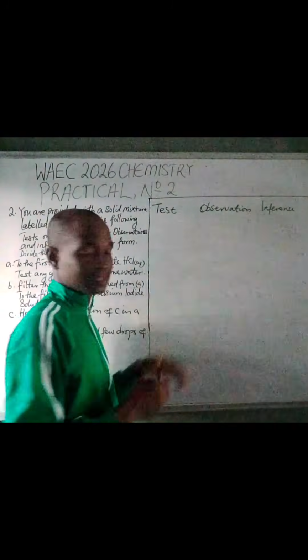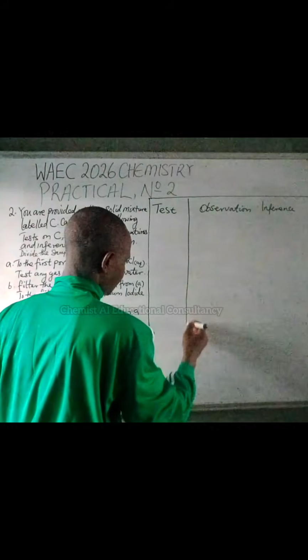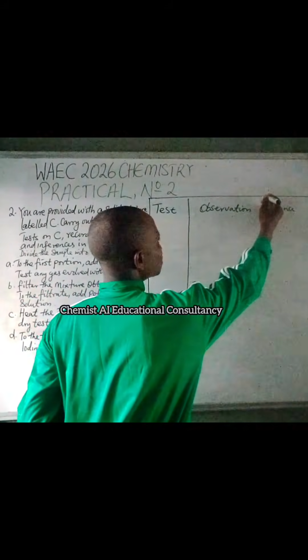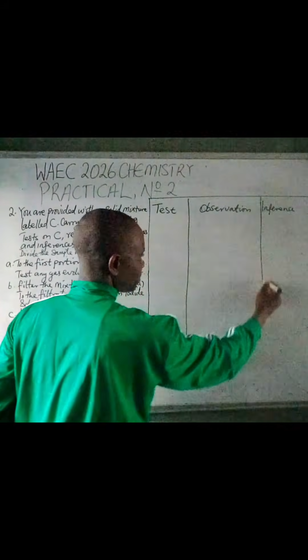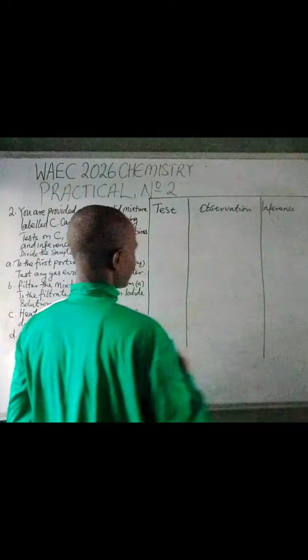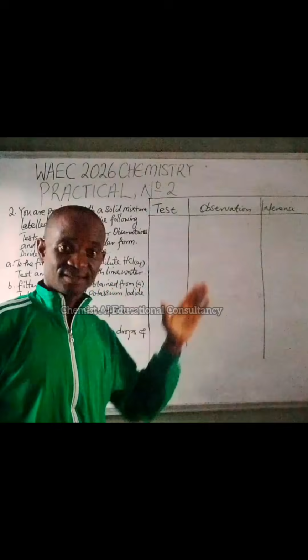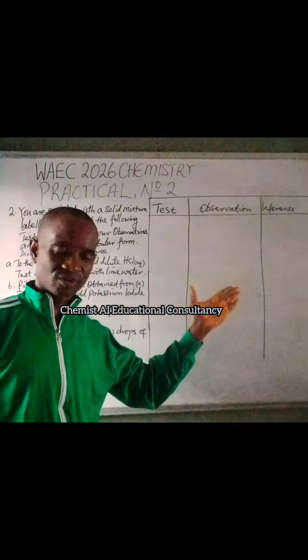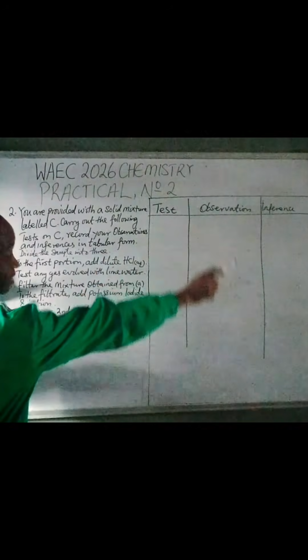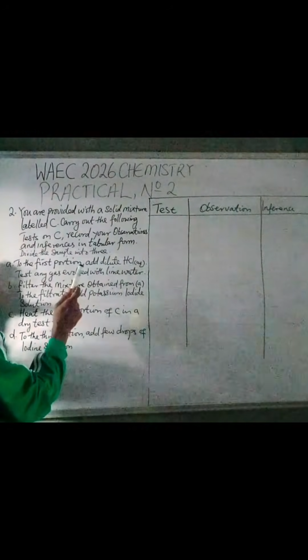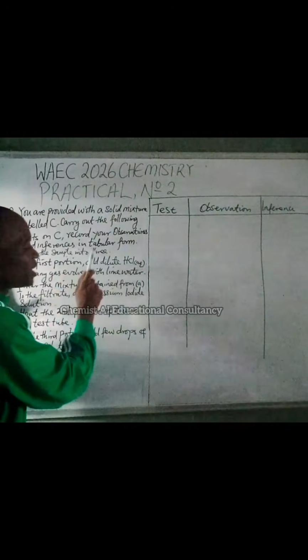The column for test should be smaller. The column for observation is biggest, followed by the column for inference. This is how your table should look like in a tabular form. This is a table.